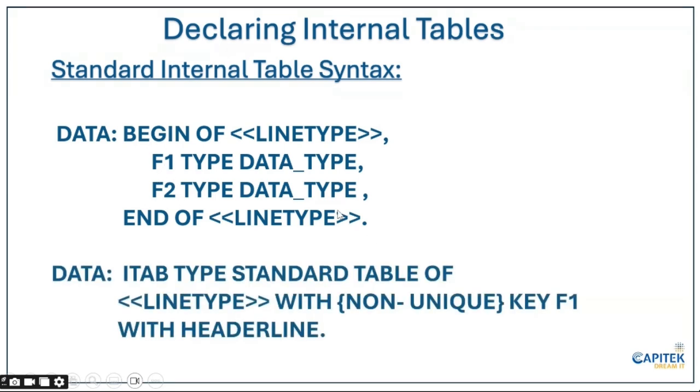Next, after you have the basic structure, you will declare the internal table. ITAB stands for the internal table. Type standard table of line type. It means we are creating the internal table type. What is the type of the internal table?